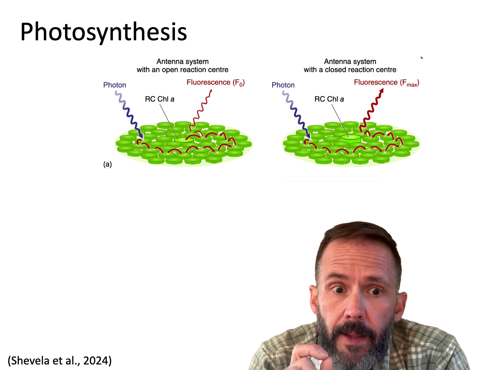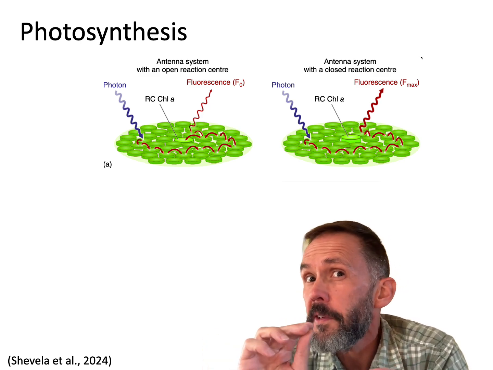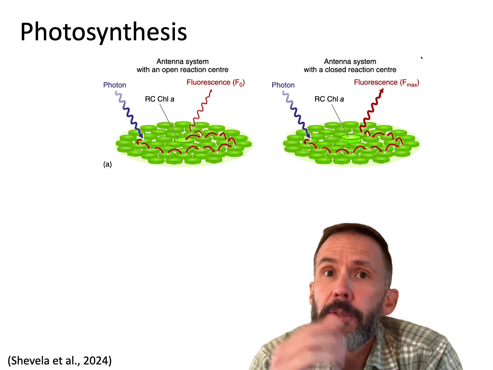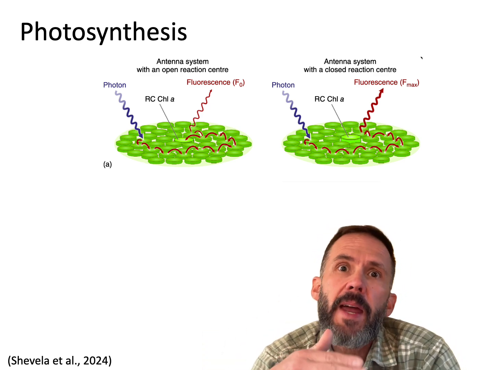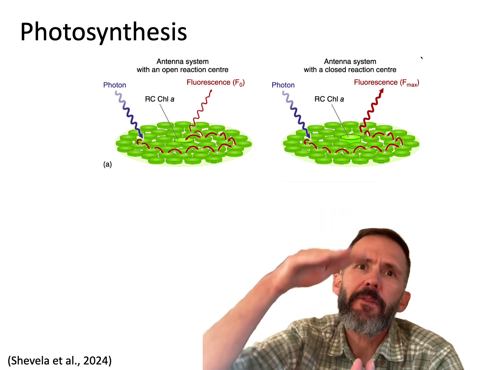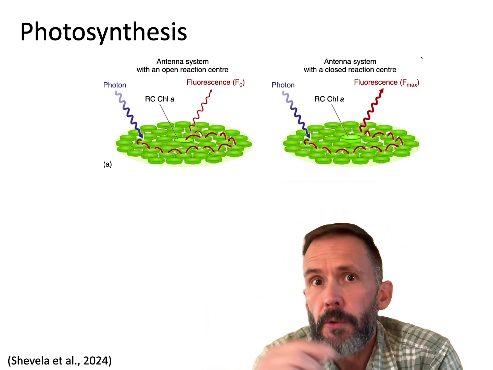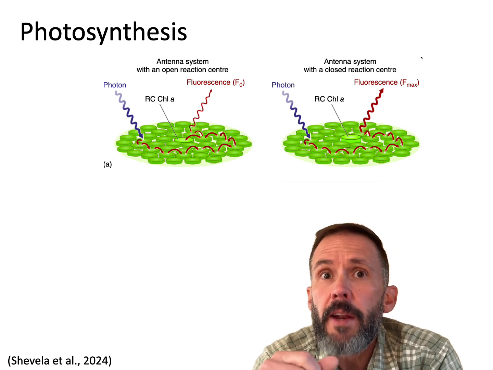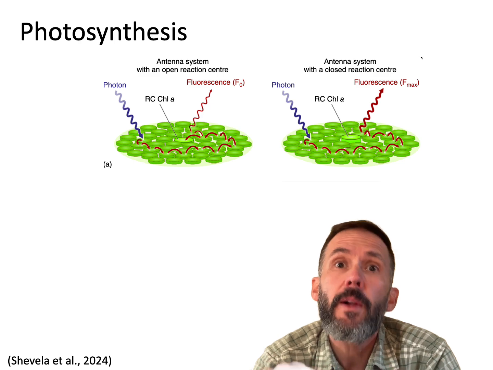But if they have the capacity to energize the special pair of chlorophyll A molecules within this reaction center, then that electron's going to bounce through these different avenues that we saw within the membrane. And you'll get some loss of fluorescence throughout this process, but a lot of the energy will be efficiently transferred from molecule to molecule to molecule.